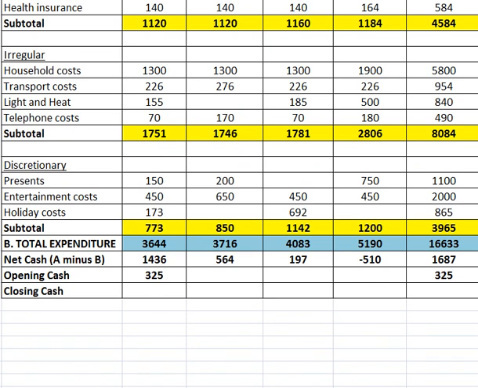Well, if we want to find out how much they have at the end of this month, we take what they've left over in net cash plus what they had at the beginning of the month, and this will give you the closing cash. So net cash plus opening cash gives closing cash, and for this month it's 1761.